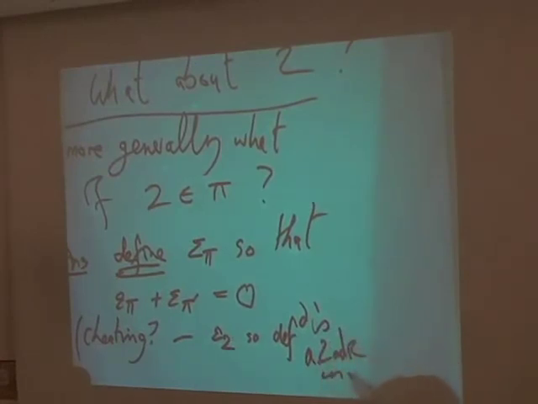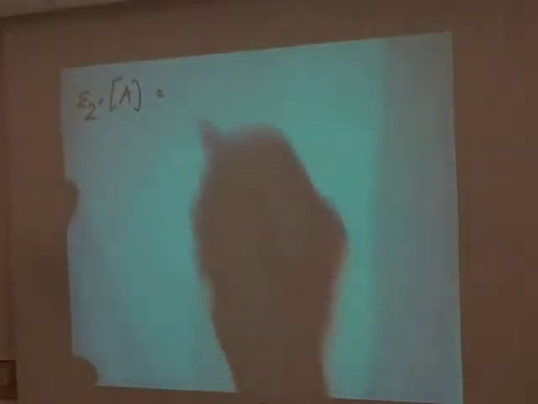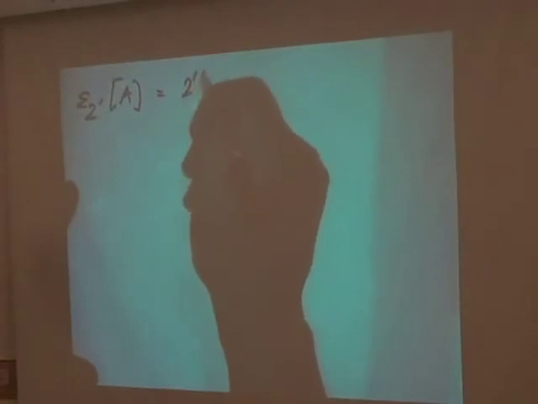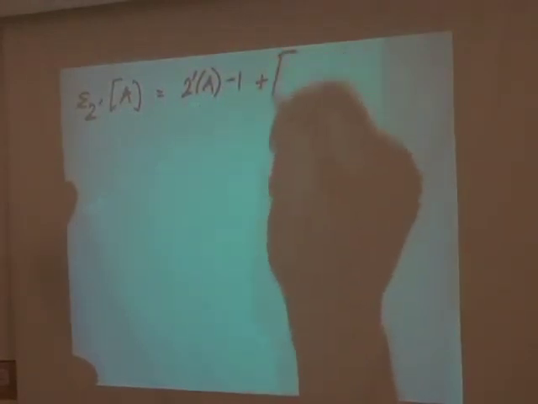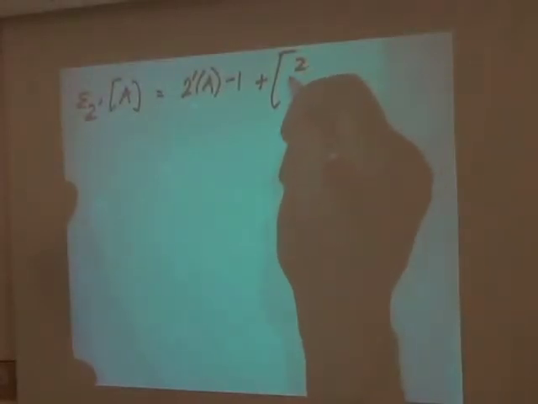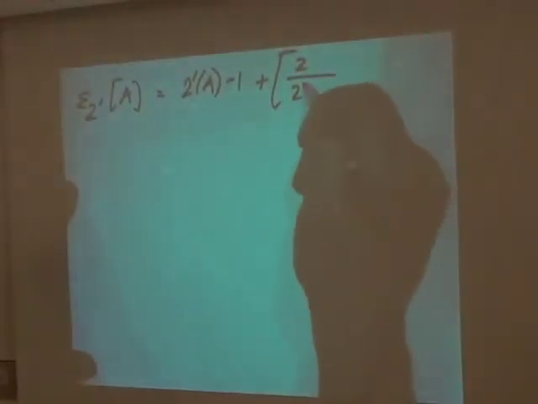So, okay, let me discuss that. What's epsilon 2 dashed of A? Well, it's the 2 dashed part of A minus 1 plus the, which way around is this?